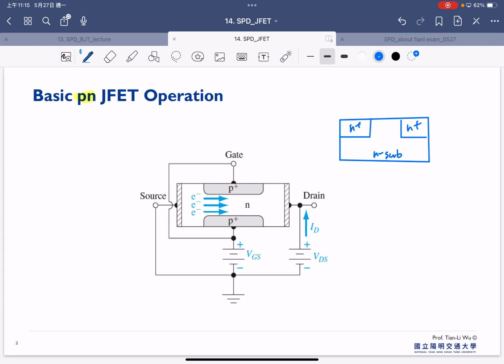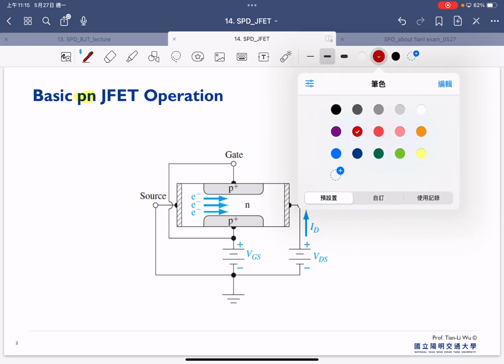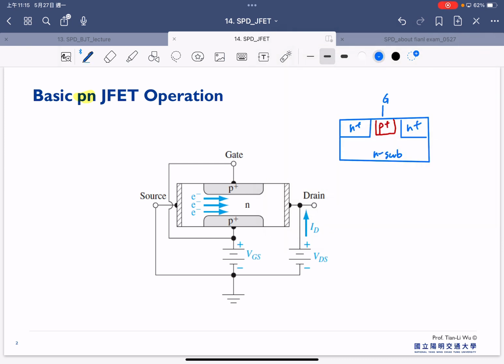So in typical MOSFET we have the P substrate, but right now we have the N substrate here. And in the gate region, we actually have the P plus. And so this is our gate, source, and drain here.